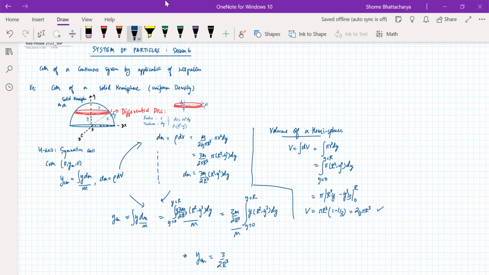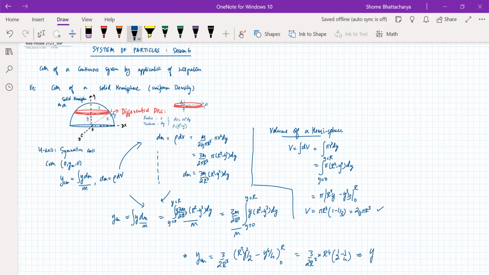M cancels out and this integration gives us R square y square by 2 minus y to the power 4 by 4, going from 0 to R. That will give us 1 by 4 into R to the power 4. Half minus 1 by 4 will give us 1 by 4.